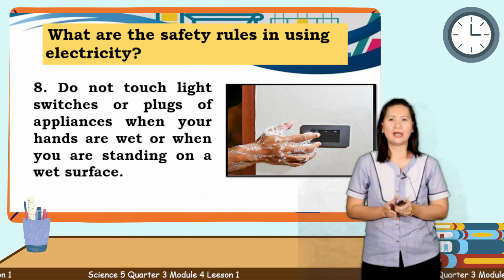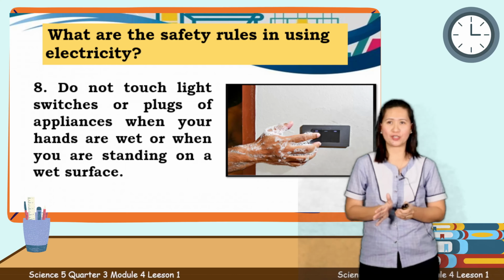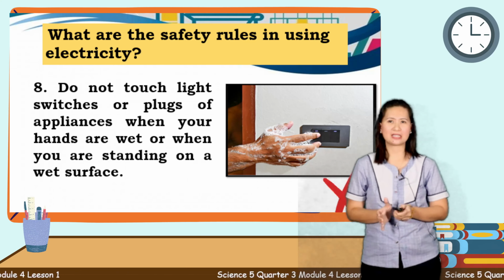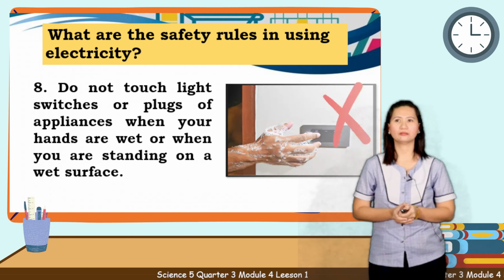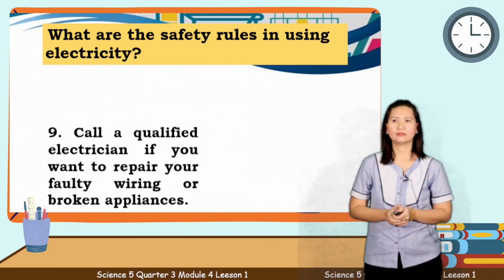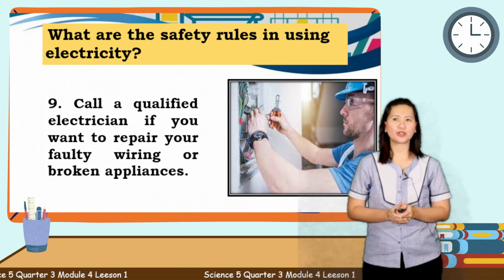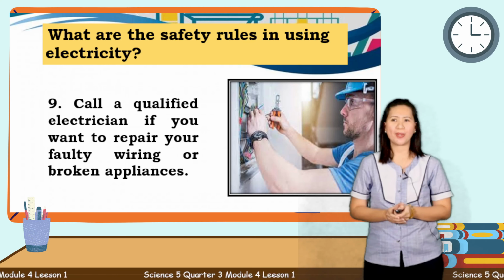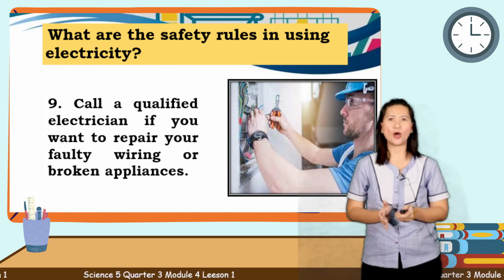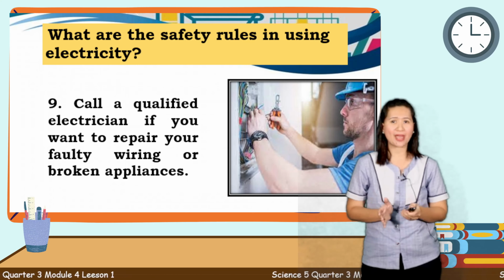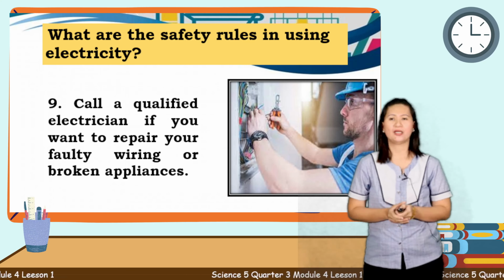So, dry your hands first before plugging or turning on the lights. Number 9, call a qualified electrician if you want to repair your faulty wiring or broken appliances. So do not repair them by yourselves.